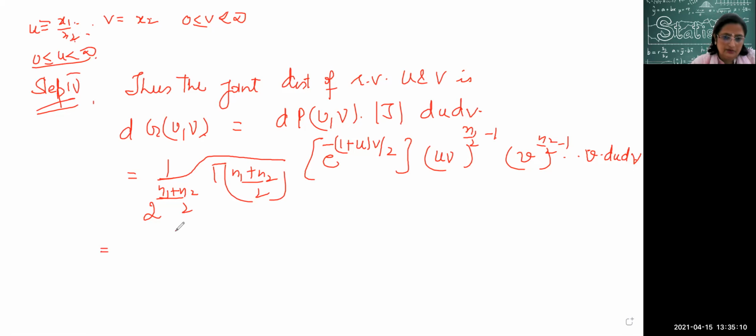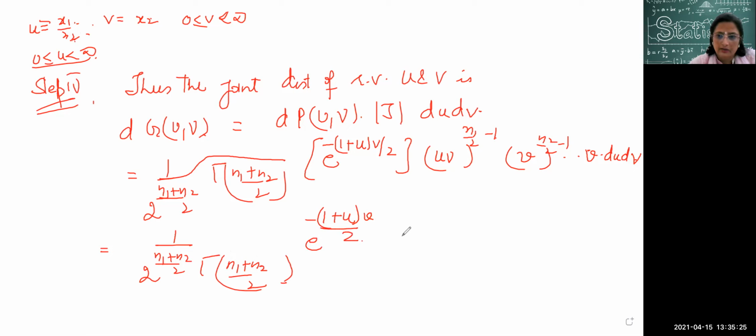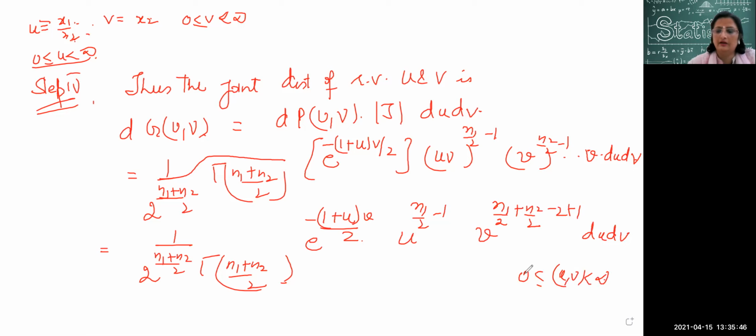So this comes out to be 1 by 2 raised to power (n1 plus n2) by 2 gamma (n1 plus n2) by 2 into e raised to power minus (1 plus u) into v divided by 2. Now we will separate u and v. So u raised to power n1 by 2 minus 1 and v raised to power n1 by 2 plus n2 by 2 minus 2, and plus 1 from here, into du dv, with the limits 0 to infinity.